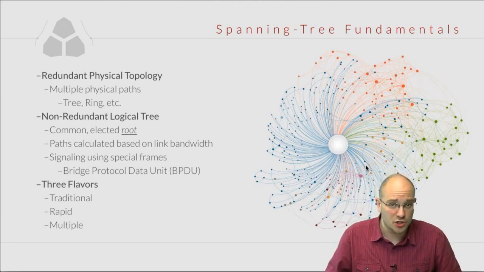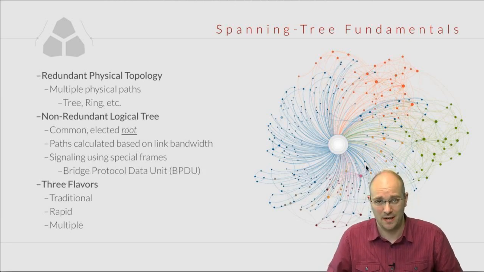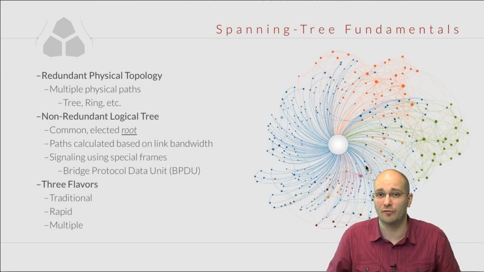They are traditional spanning tree, rapid spanning tree, and multiple spanning tree. The interesting thing to note here is that even though we speak of traditional spanning tree and rapid spanning tree as something that is supported by Cisco switches, these two are actually not supported by Cisco switches. Cisco supports their own special flavors of traditional spanning tree and rapid spanning tree. I'm going to talk about it in a moment.